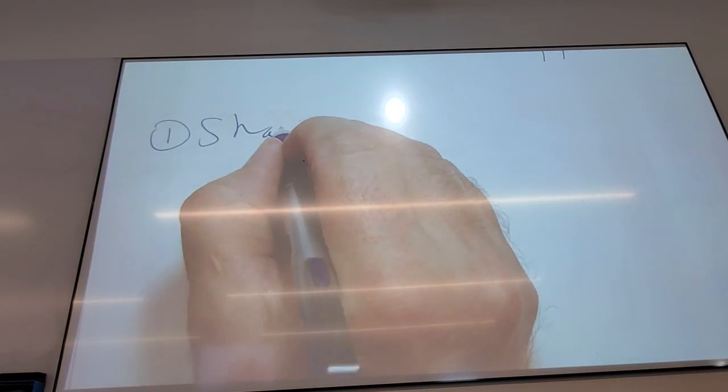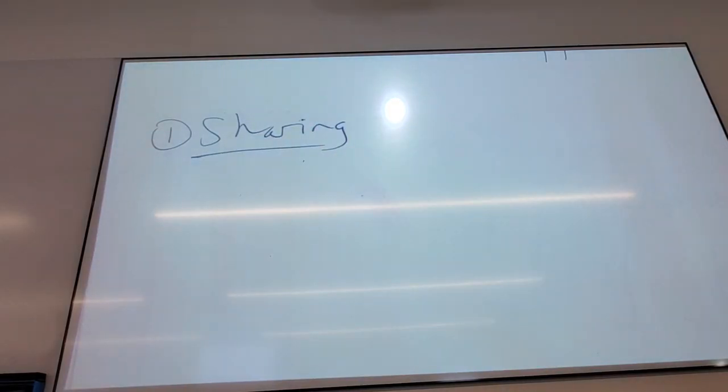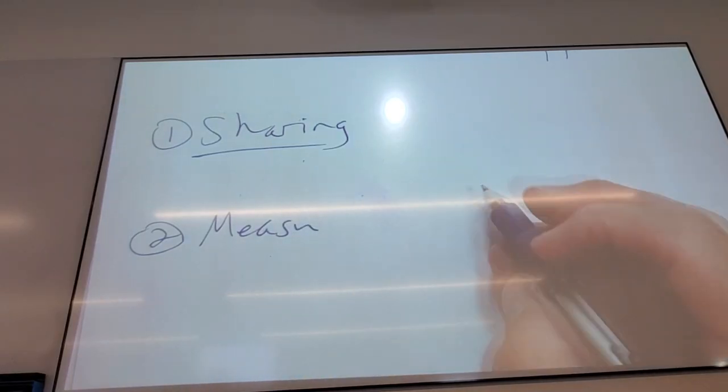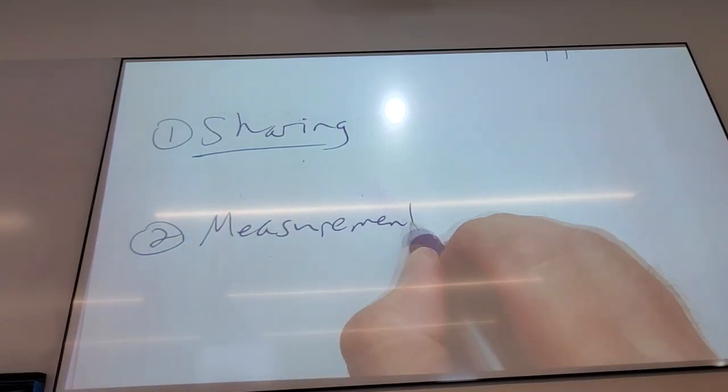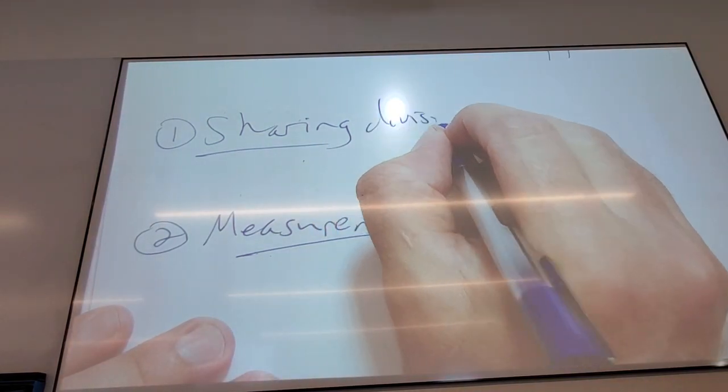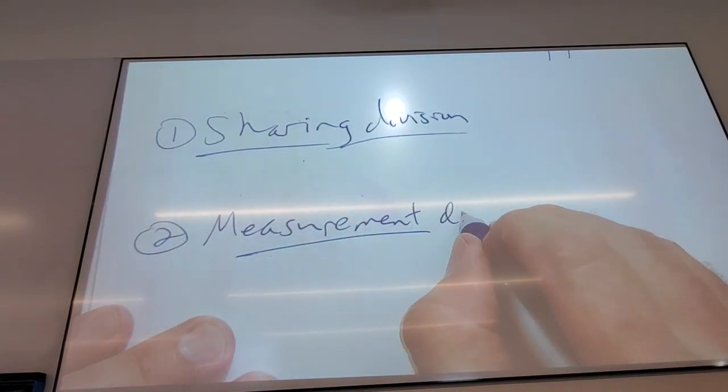One is a sharing idea, and the other one is called a measurement, which we've seen before. Let me remind myself what this book calls it. Sharing division and measurement division.